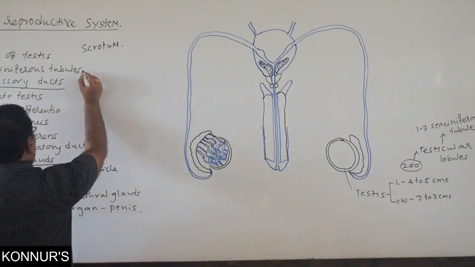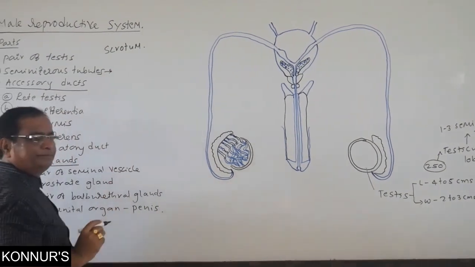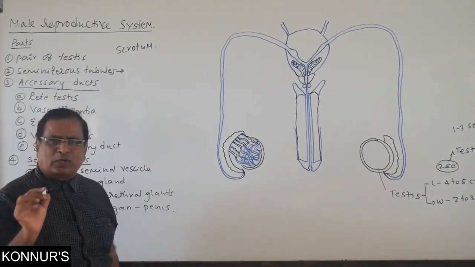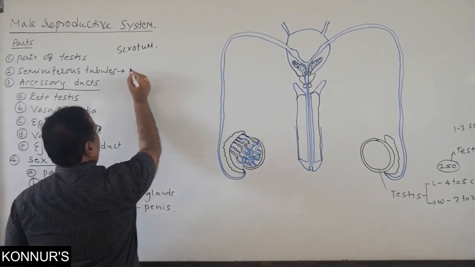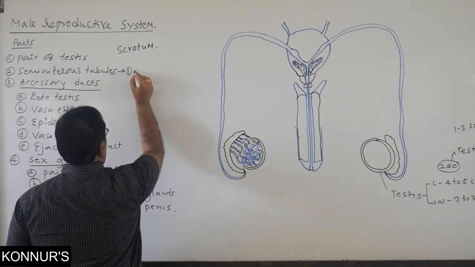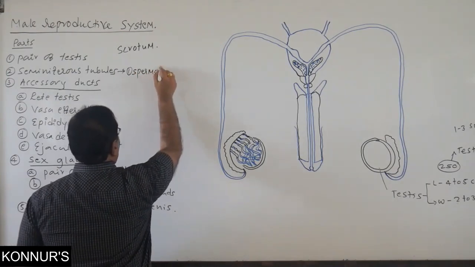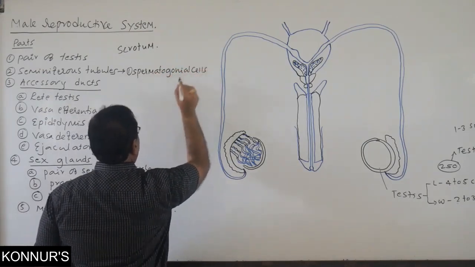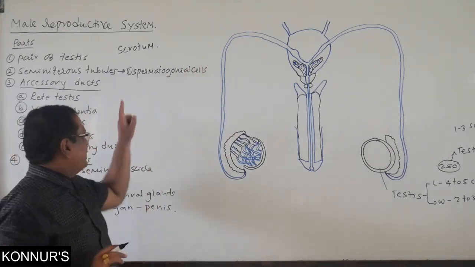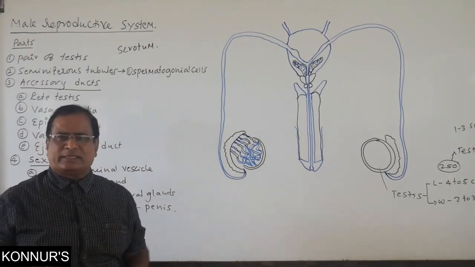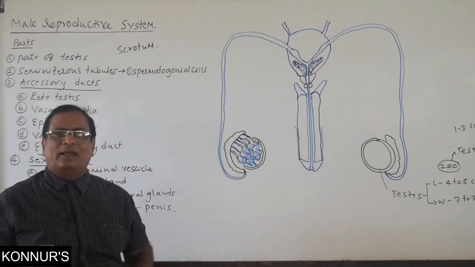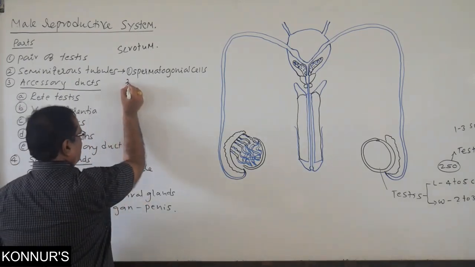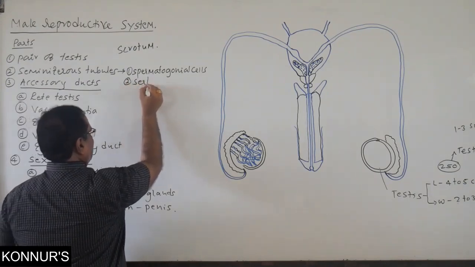The lining of these seminiferous tubules has 2 types of cells. First, spermatogonial cells. These are germ cells, and only these cells undergo meiosis during spermatogenesis, leading to the formation of haploid sperms. Another cell type is the Sertoli cells.